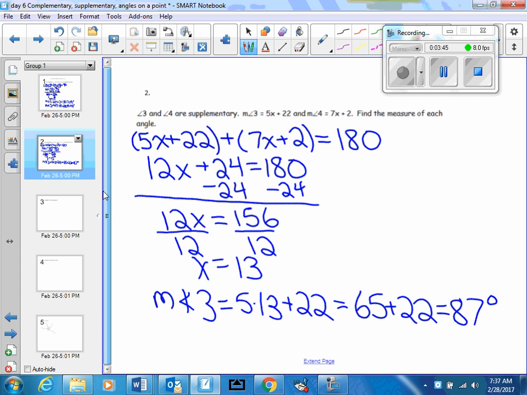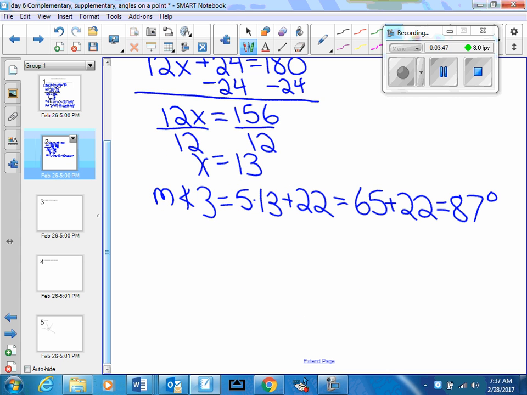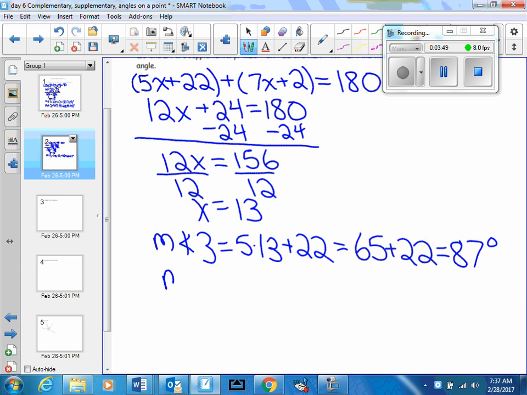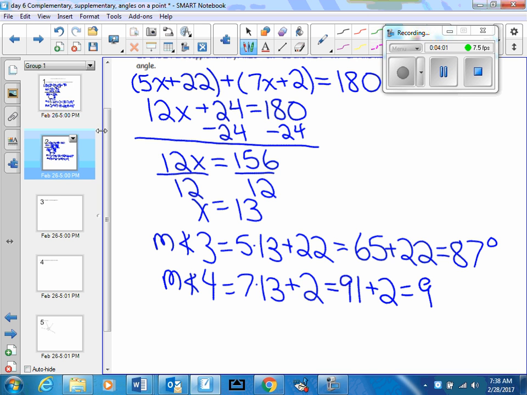And the measure of angle 4 is 7 times 13 plus 2. So that's 91 plus 2, which is 93 degrees.